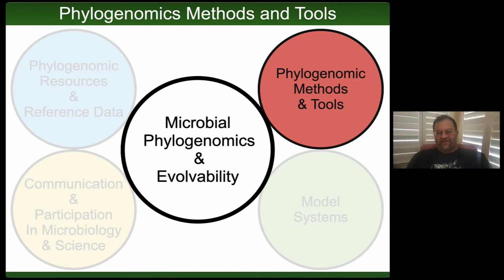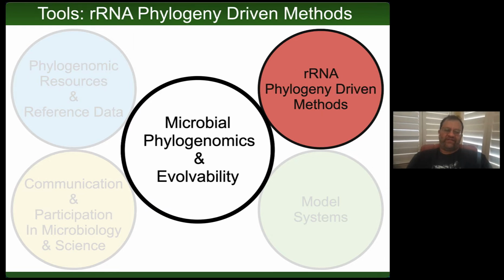What is it about phylogeny in particular, understanding the relationships among genes, the relationships among organisms, and their evolutionary history, that can be helpful? So I'm going to walk you through a couple of examples of this.